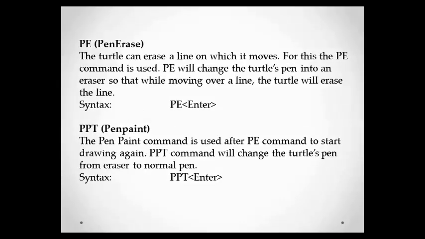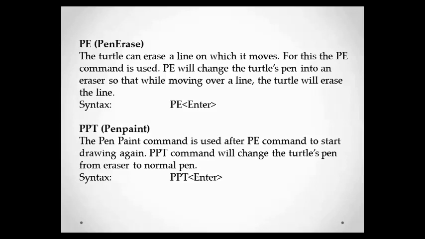The next command is pen erase. The pen erase command changes the turtle's pen into an eraser so that while moving, it will not draw, but it will erase. So if you want to make any correction in your drawing, you need to change your turtle's pen into an eraser by giving the command pen erase, PE.